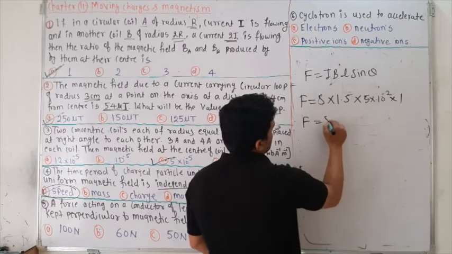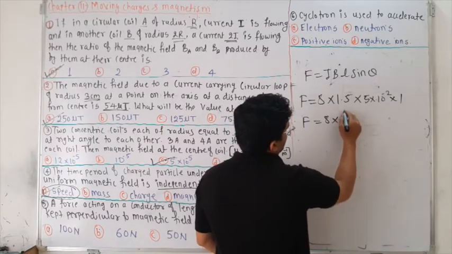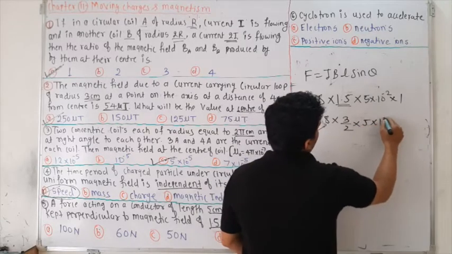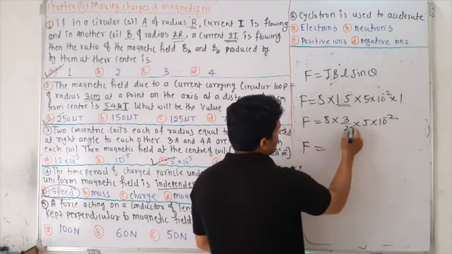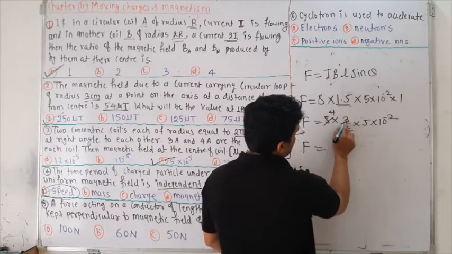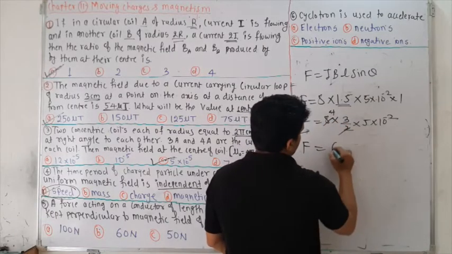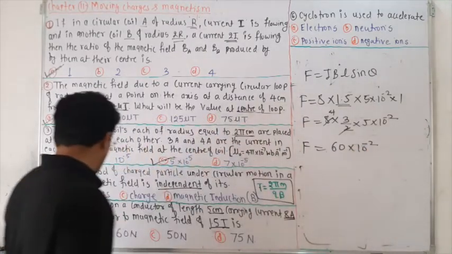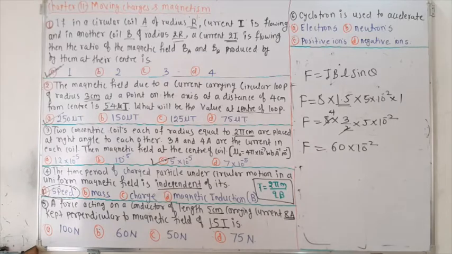So F is equal to what? 8 multiplied by, you can make 1.5 as 3 by 2, multiplied by 5 into 10 to the power of minus 2. Therefore F is equal to what? 2 4s are 8. Okay, 4 into 3 is 12, or you can say it becomes 60 into 10 to the power of minus 2. Okay, IBL sin theta.